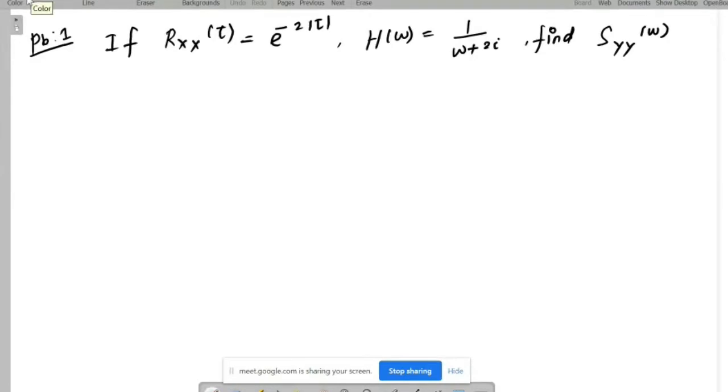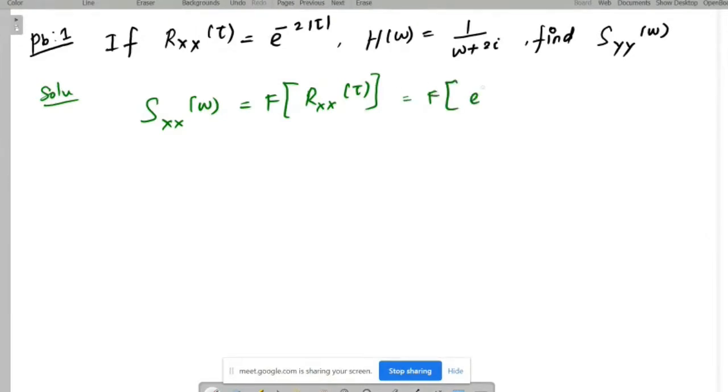Now, I am going to find S xx of omega by taking the Fourier transform of the autocorrelation of tau. You may get the answer, right? So here the function e power minus 2 modulus tau is given.